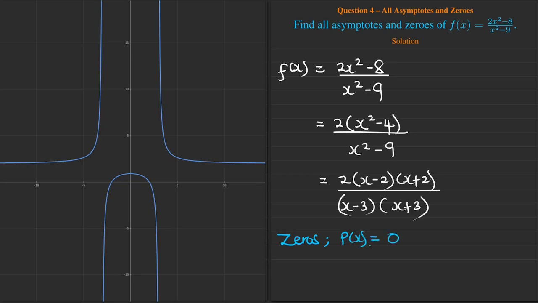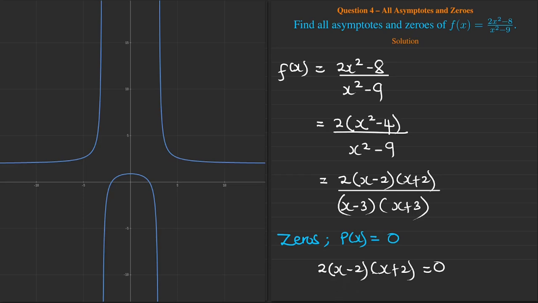A fraction, or a rational function specifically, is 0 if the numerator is 0. Hence, we equate this numerator, which is 2 into bracket x minus 2 and x plus 2, to 0. 2 cannot be equal to 0, so the 2 is out.